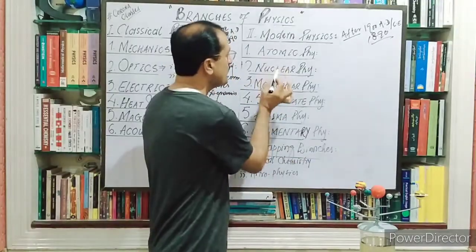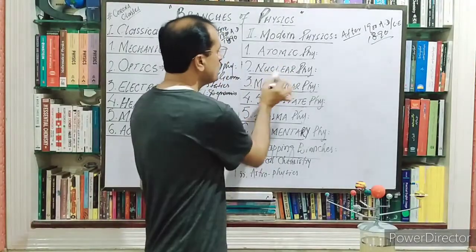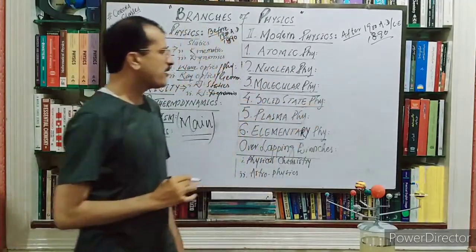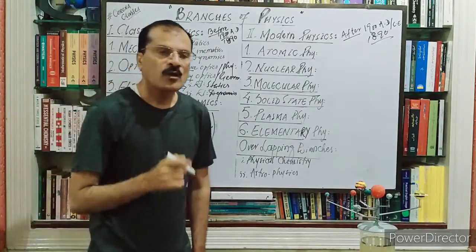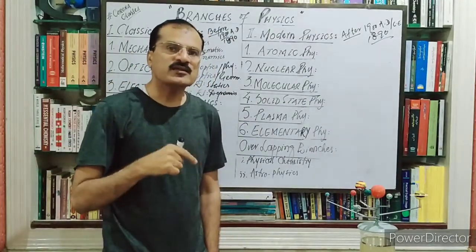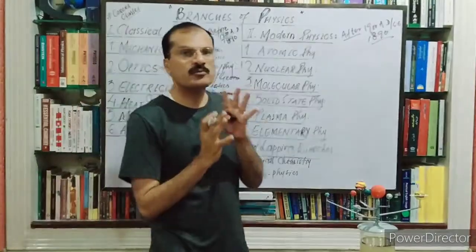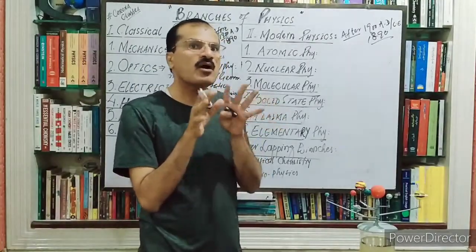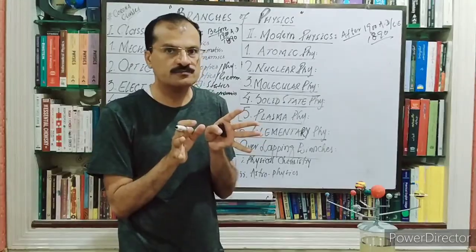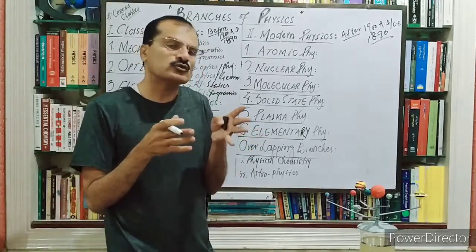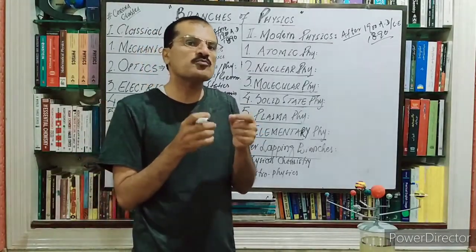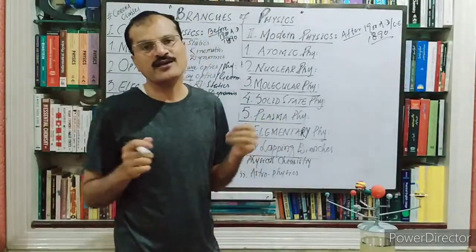After atomic physics and nuclear physics, we have molecular physics. Molecular physics is again a branch of modern physics which deals with the study of the properties of matter, but on the basis of molecules. What is a molecule? You know that a molecule is just a group of 2 or more atoms.